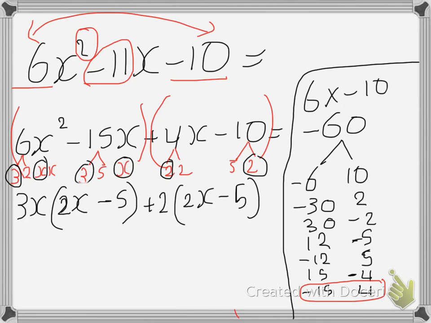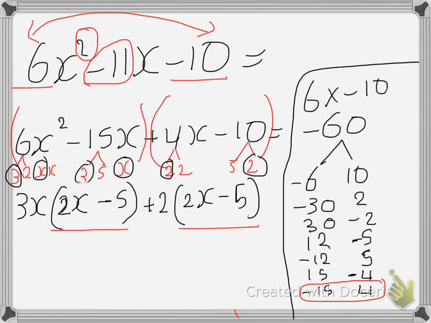It's important when you come to the end of this step that you check that your brackets are exactly the same, terms exactly the same, signs exactly the same. For example, if the second bracket was 2x plus 5, then you've done something wrong. It must be 2x minus 5, both brackets exactly the same.